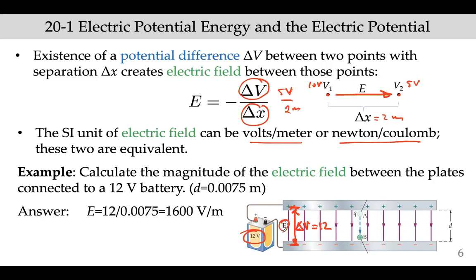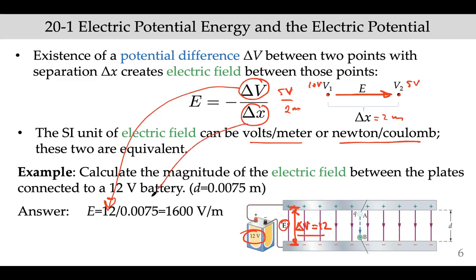Now, why do we have an electric field? As we mentioned here, if you have a potential difference between 2 points, and there's a distance between those points, then there is an electric field in the direction from high potential to low potential. In this case, the potential difference is 12, and there's a distance of 0.0075 meters.